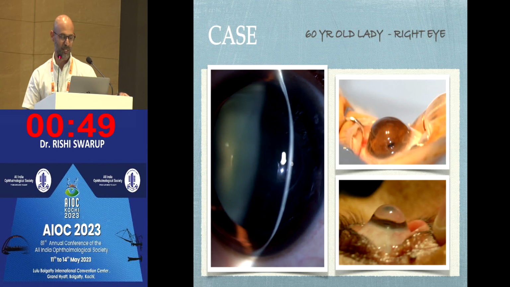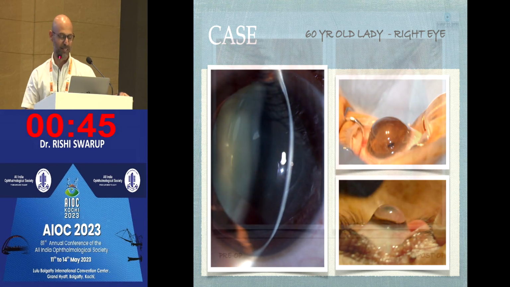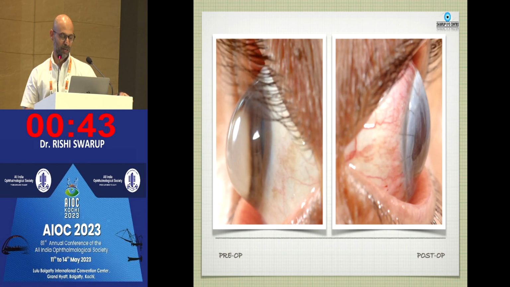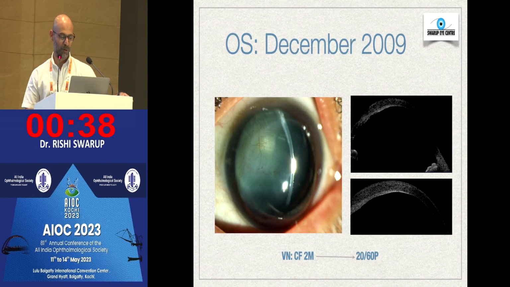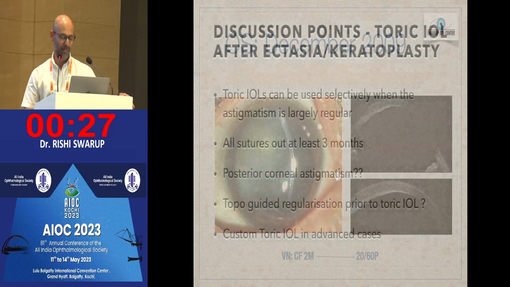So this was another patient, a 60-year-old lady with pellucid. You can see the periphery of the cornea is quite thinned out and elevated. That's what the cornea looked like in profile, and after the deep lamellar keratoplasty, she looked quite good. You can see that after some years, she went on to develop some interface haze and vascularization, but the visual axis was still quite clear. And slowly she was developing a cataract.